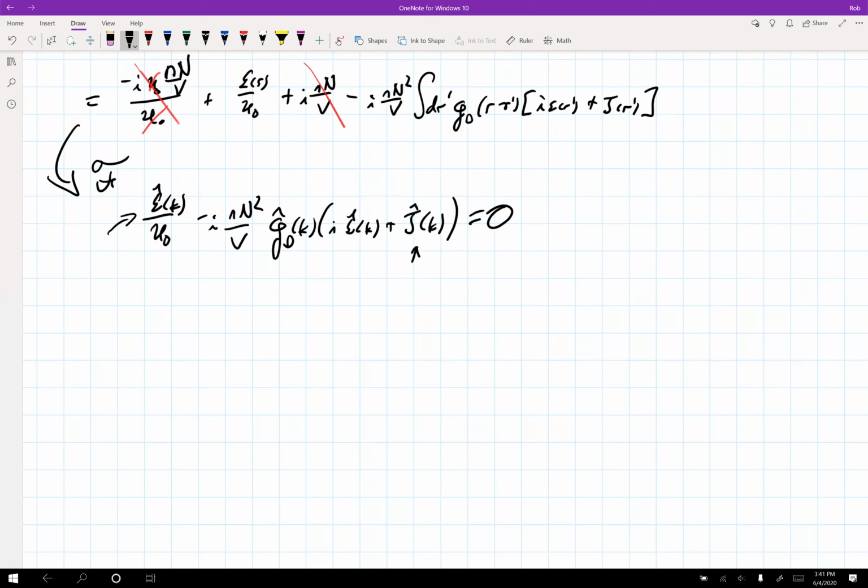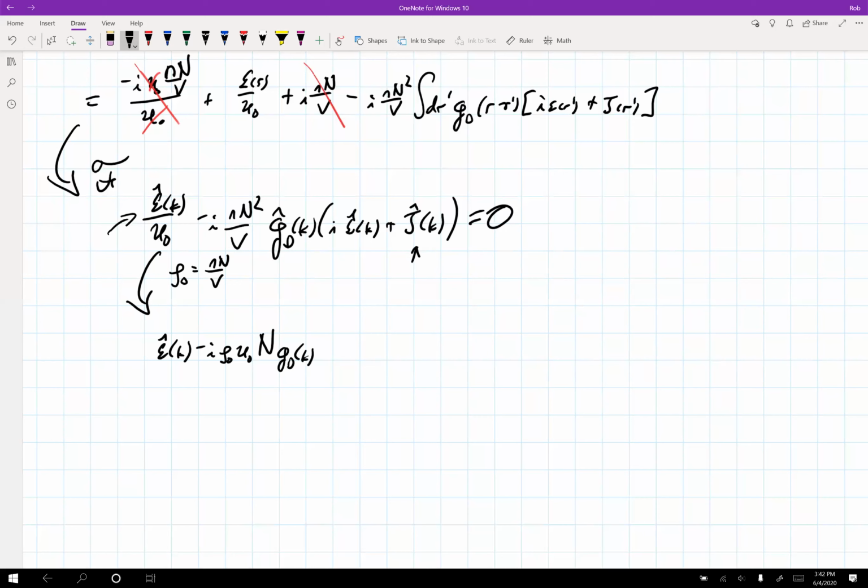I'm going to start using the rho naught variable. So we'll use that guy when we come down to the next line. And I'm going to multiply through by u0. So we will have epsilon hat of k minus I rho naught u naught n times the function of k.